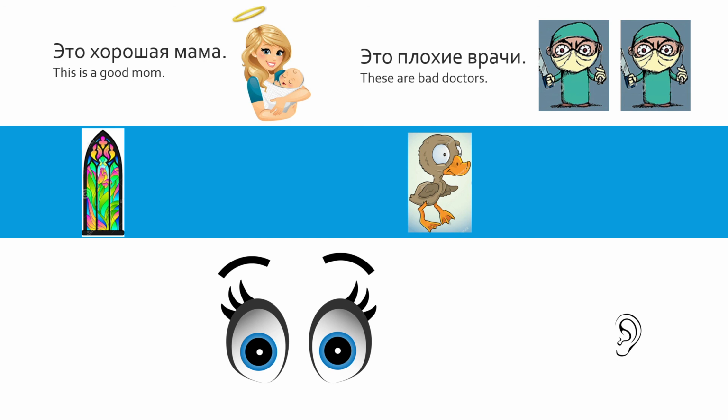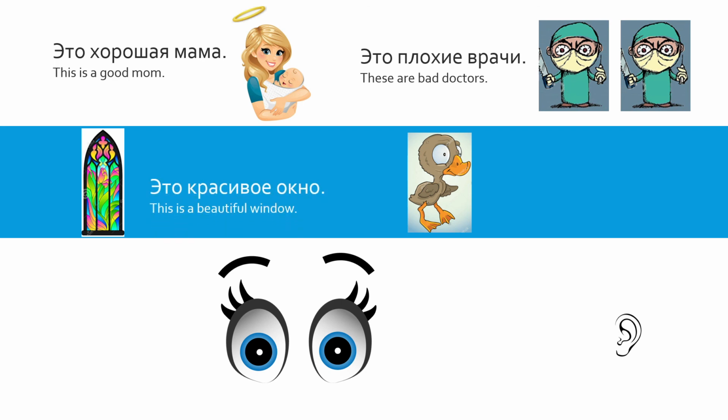Okay, now let's look at the blue on the left. We've got a beautiful stained glass window. So you're going to say, this is a beautiful window. Window in Russian, if you remember from previous videos, окно is neutral. It is a neutral object. So, это красивое окно.